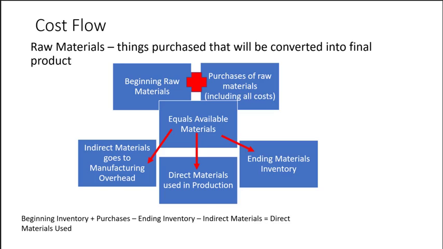So our formula is beginning inventory plus the purchases minus the ending inventory minus what was actually indirect equals our direct materials used. That's what was actually used to manufacture our product. So that's our, you might say, first formula or step in our process.